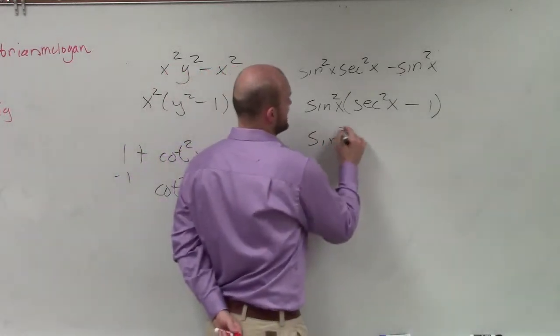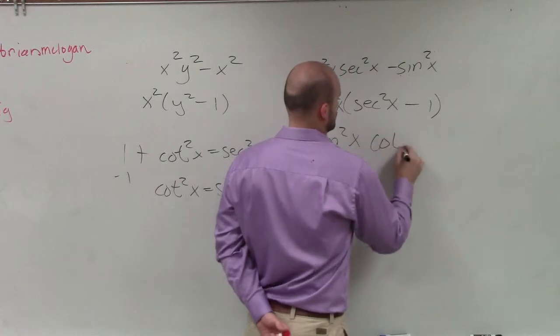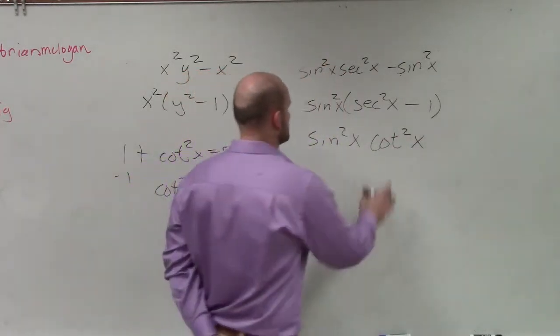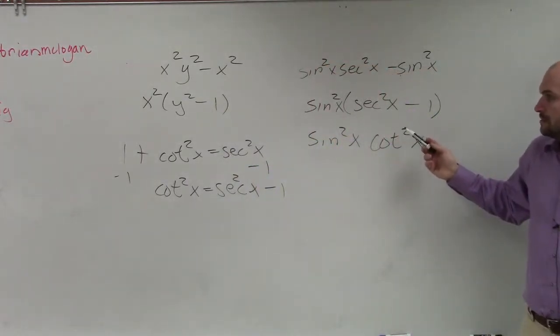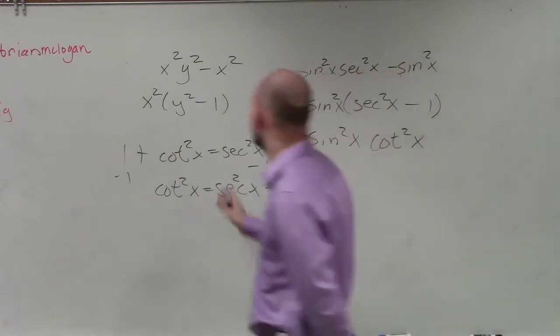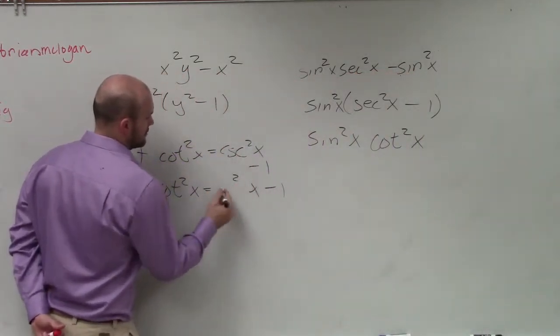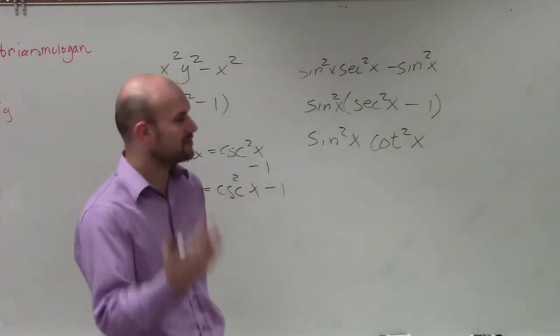So therefore, I have sine squared of x times cotangent squared of x. Oh, you're right. Thank you. Cotangent goes with secant. Tangent goes with secant.